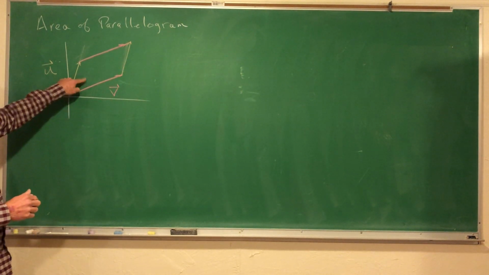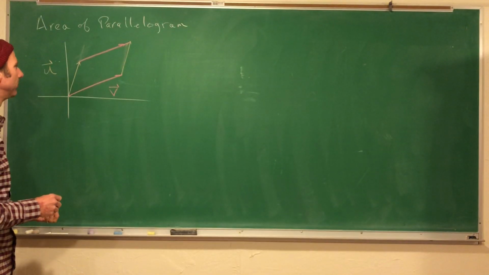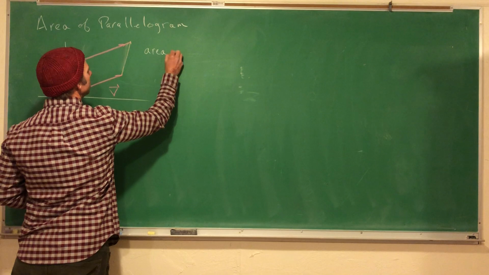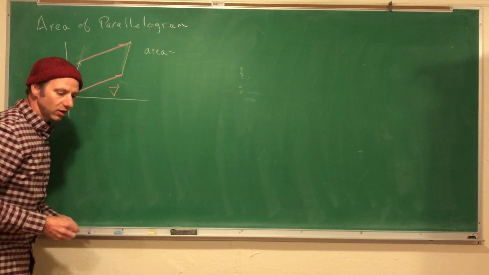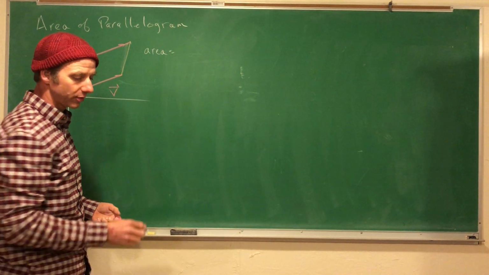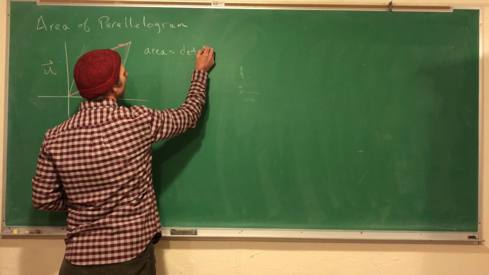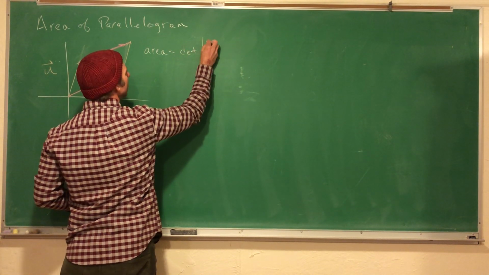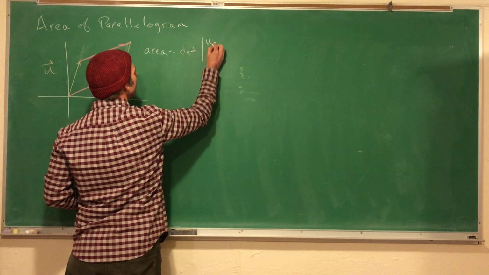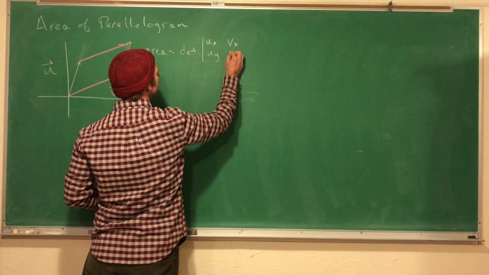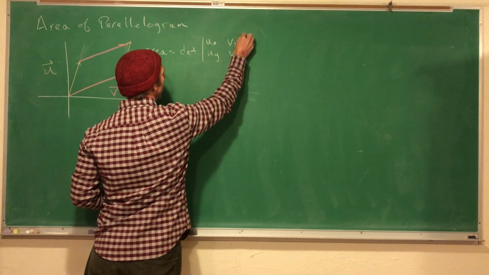The area of this parallelogram is going to be the determinant of U_x, U_y, V_x, V_y.